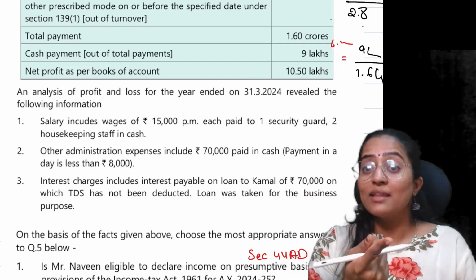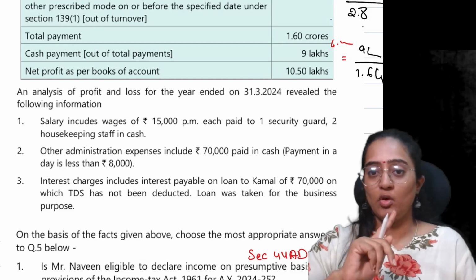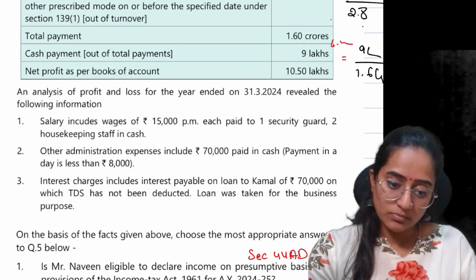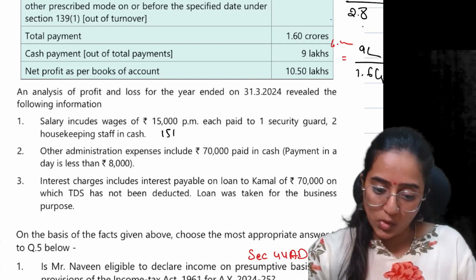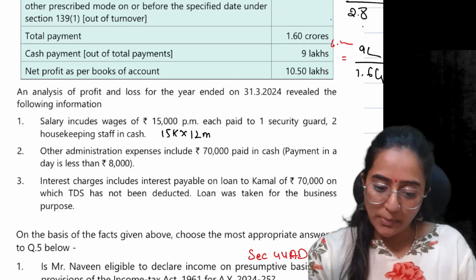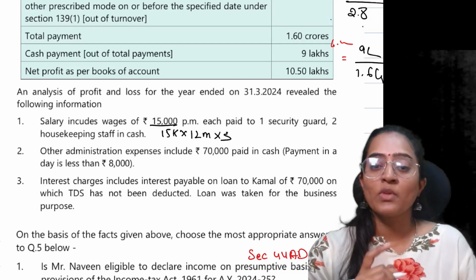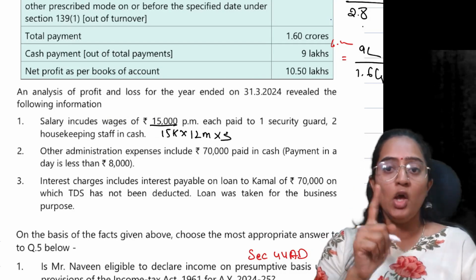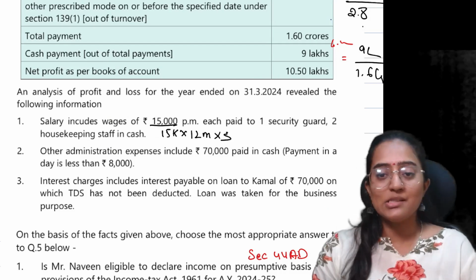If it exceeds 10,000, then the entire amount will become fully disallowed under section 40A(3). Remember? Now, this 15,000 rupees multiplied by 12 months multiplied by 3 staff, you are paying every month in cash in a single day to a single person. 15,000 in excess of 10,000 is disallowed.